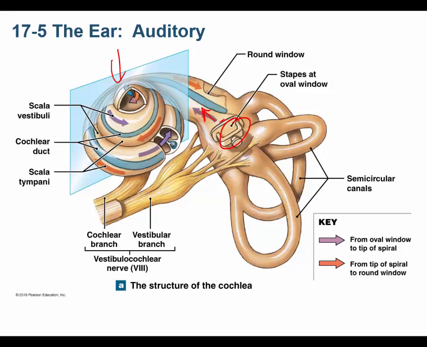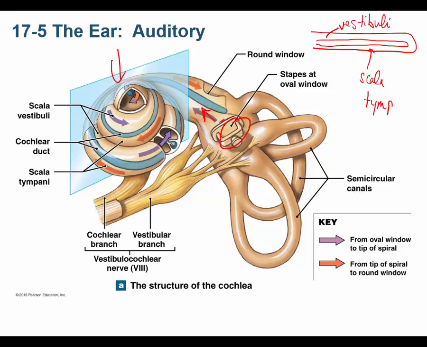This duct, it's really a straight duct. All right. And this is called the scala vestibuli. And this is called the scala tympani. And you're going to say they're the same tube, just rounded a corner. I would agree with that.